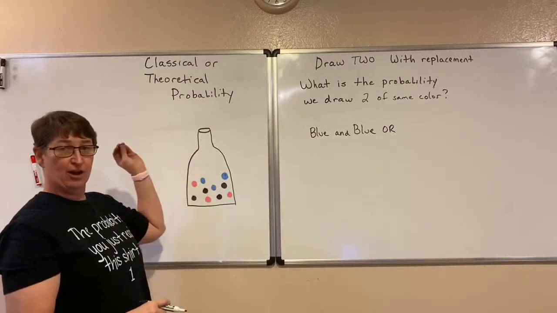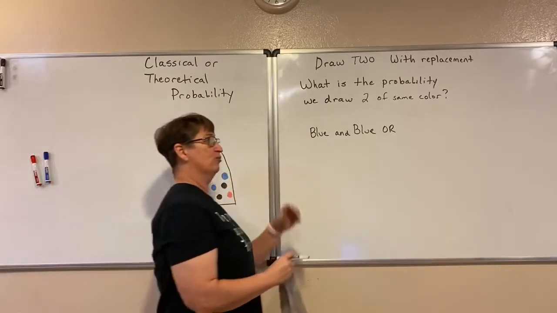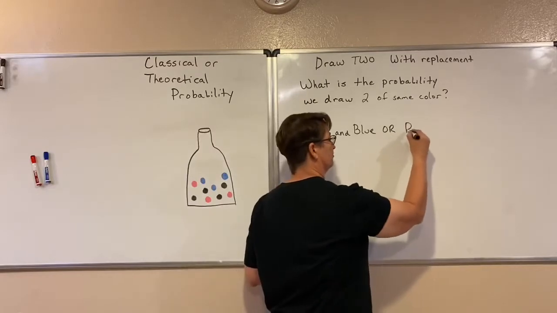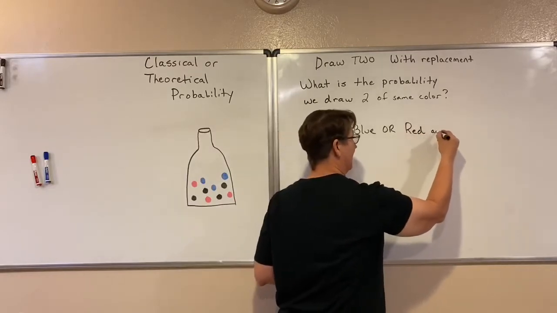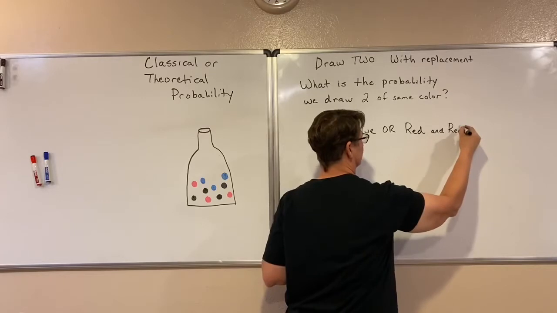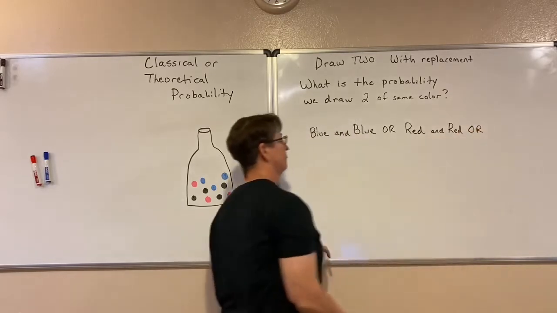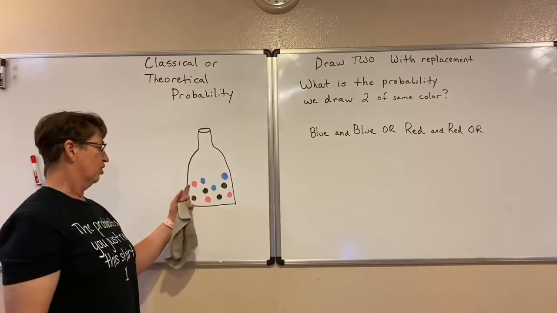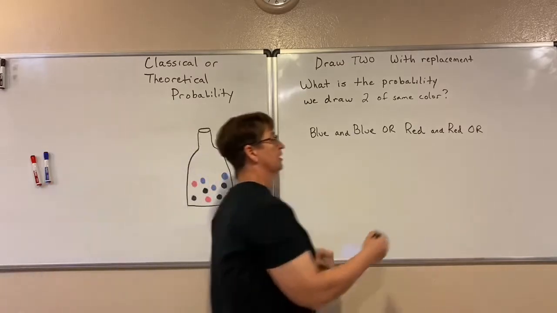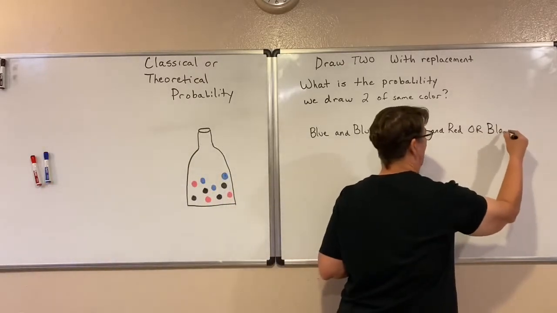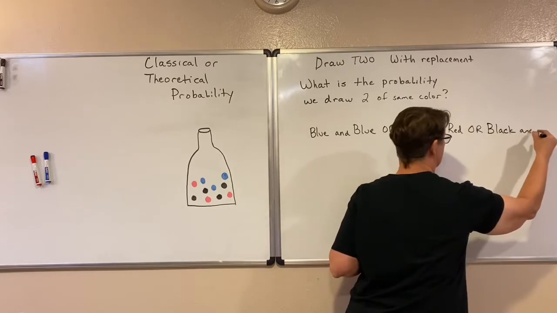Maybe I get a red on the first one. So another way to get 2 of the same color would be to get a red and a red. Or, instead of getting a blue or a red, maybe I get a black. In which case, I would get a black and a black.